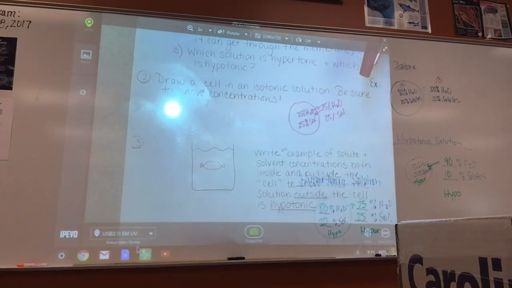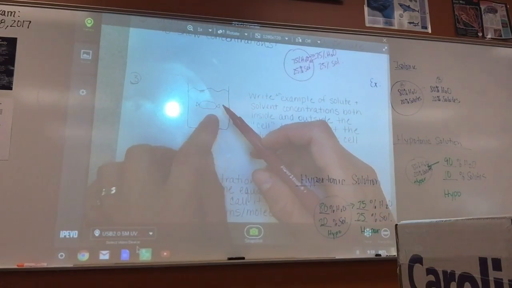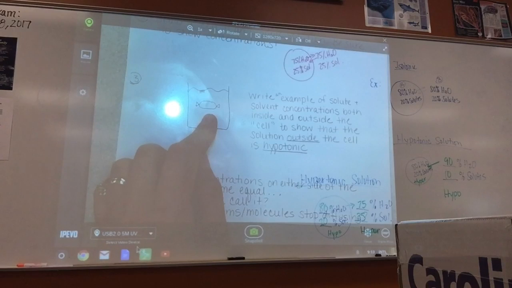All right, so then this picture here, we haven't talked yet about dialysis tubing. We're going to do a lab with diffusion and osmosis, and we're going to make fake little cells out of something called dialysis tubing. If you've had anatomy, that's probably the only place that you have used dialysis tubing before.